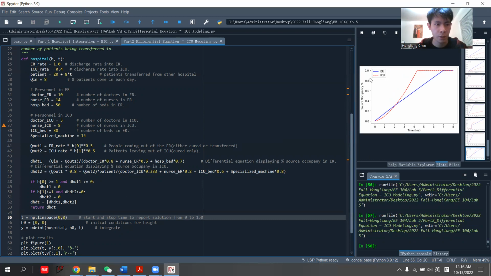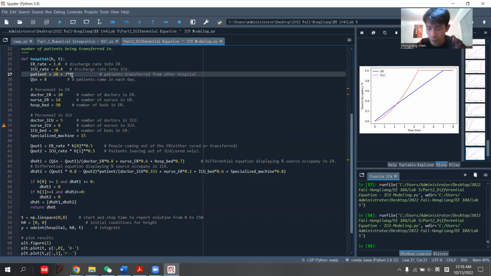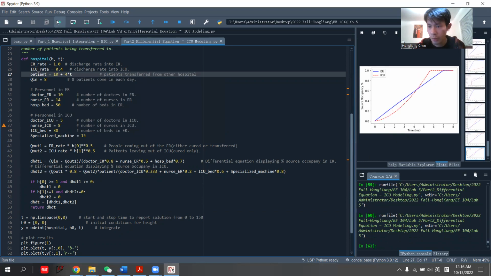The ER is being saturated already, and it's too fast. Let's set it to not that many people. Okay, basically close.